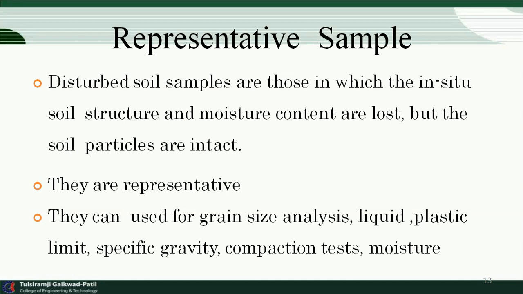Basically they are representative and can be used for grain size analysis, liquid and plastic limit, specific gravity, compaction test and moisture content. By using this representative sample, we can know the various characteristics and properties of the soil. Already I told you these properties are specific gravity, compaction test, moisture content, and liquid and plastic limit of the soil.